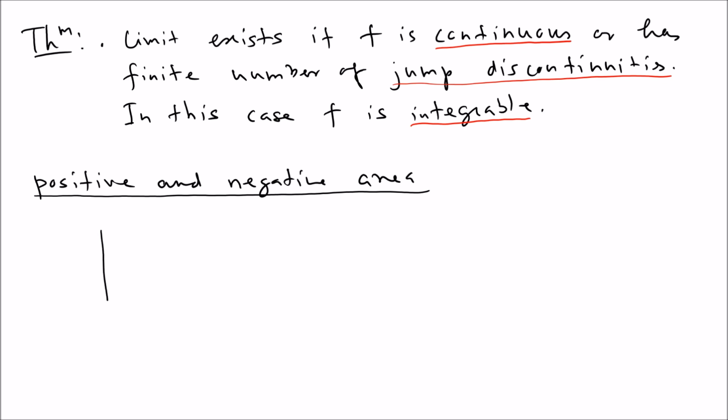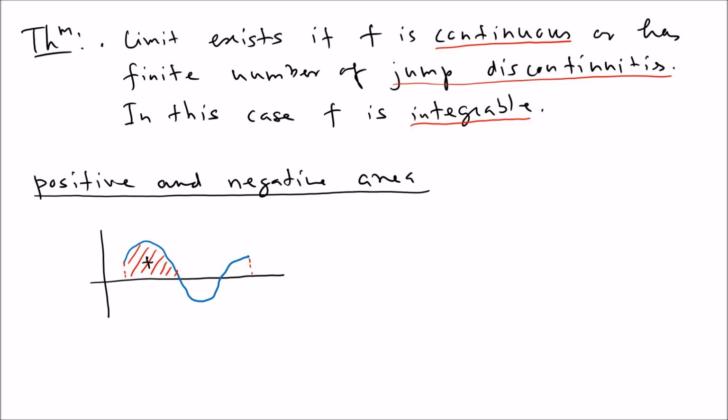Let's say you have a graph which starts like this, goes up, down, up, like that. Now, if you draw the line here, you get area, but when you evaluate the function to find the Riemann sum, you get positive heights.